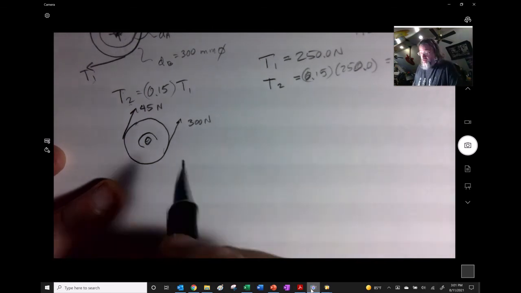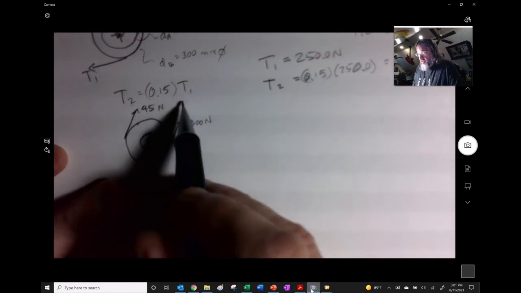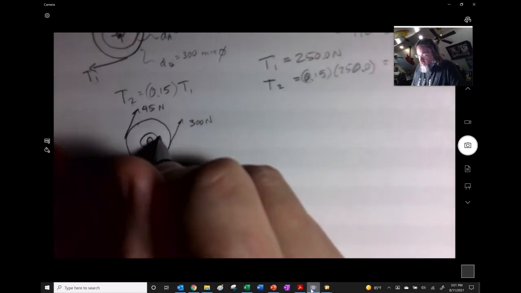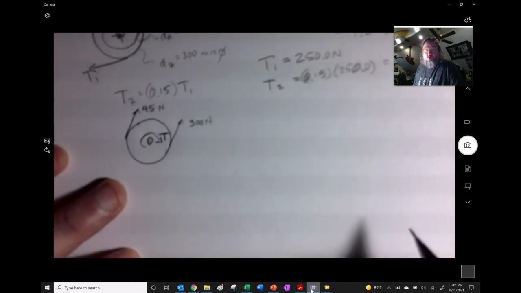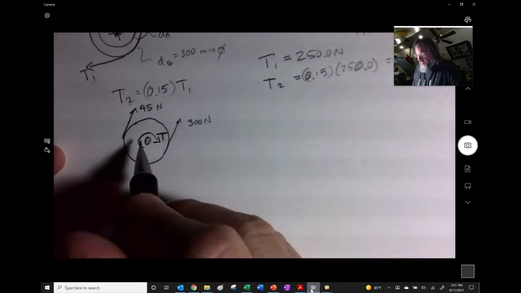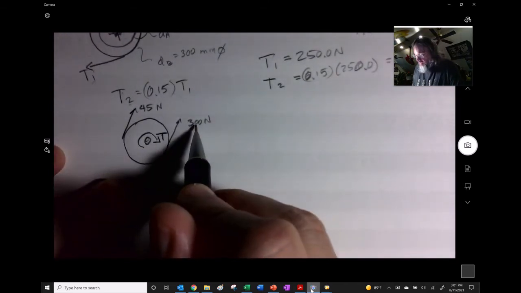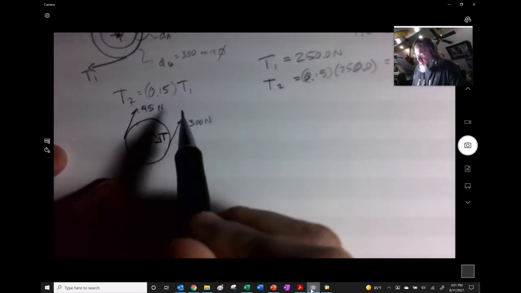Looking from this direction, we're going to say that 300 is trying to go counterclockwise. So our torque, which I'll just call T, needs to go clockwise, right? And this is the internal torsion inside the shaft that is a reaction to these belts.